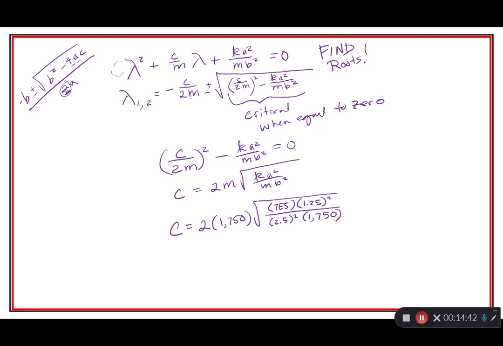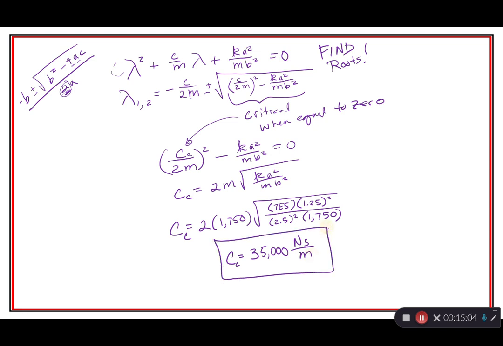All right, so we did all that right, correct? And we get c is equal to, oh, by the way, that's cc. I should have made that cc, because we could start calling this cc because this is the critical value. 35,000. Someone planned this out so it would come out to an even number. So there you go. There's the critical.